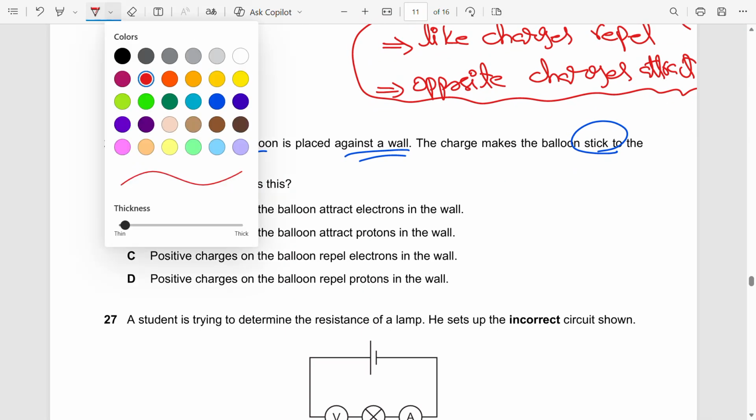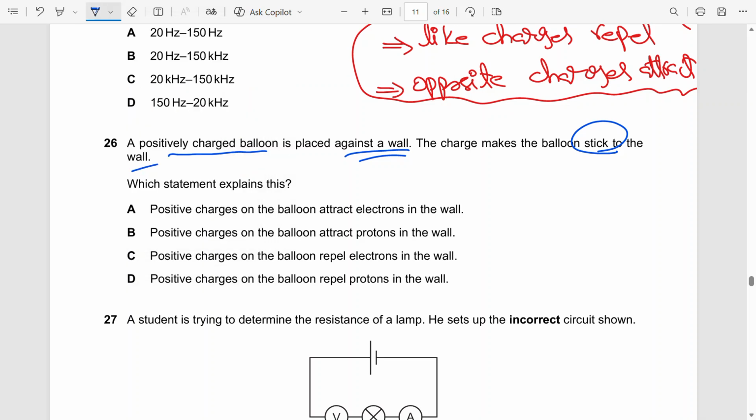Let's continue reading the statement. Which statement explains this situation? The examiner has mentioned that the balloon is positively charged and it sticks to the wall.